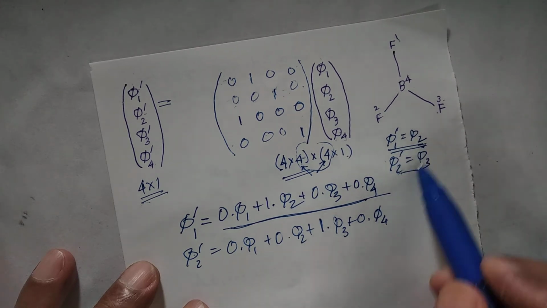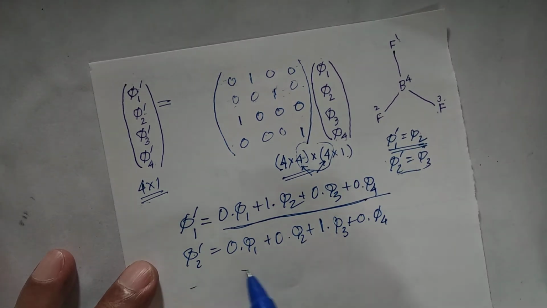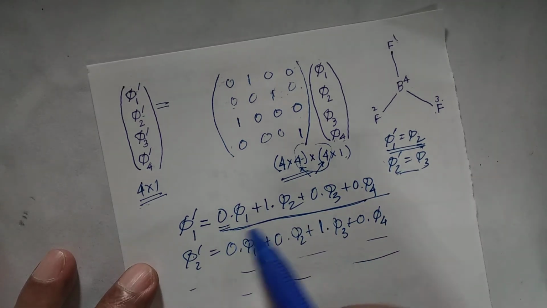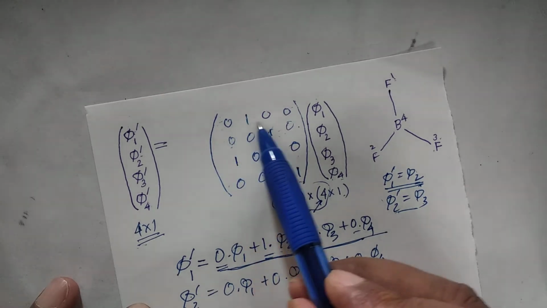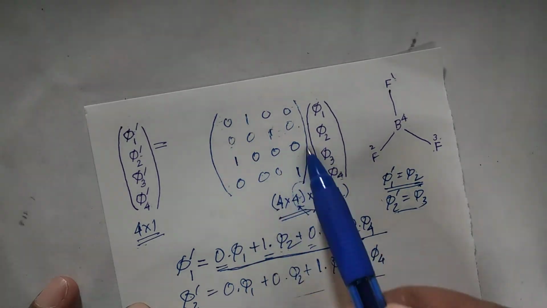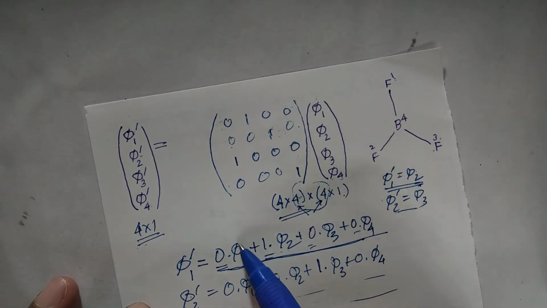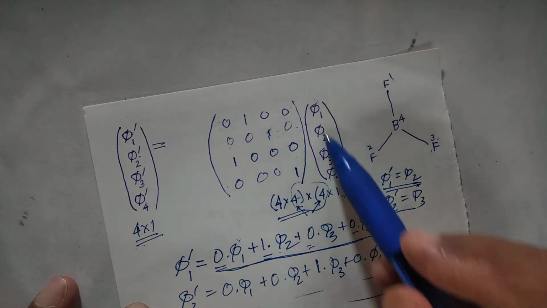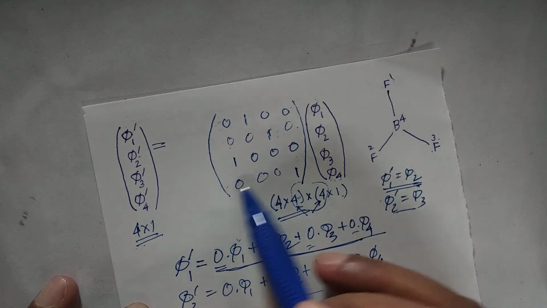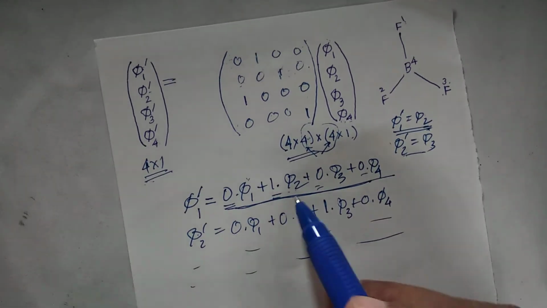If we write these relations in the form of 4 linear equations, then the coefficients of the right hand side have been written in the rows of this matrix, and these functions have been written in one column. This is how this matrix is constructed.